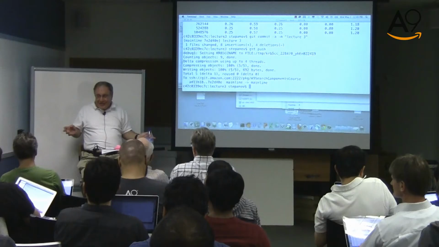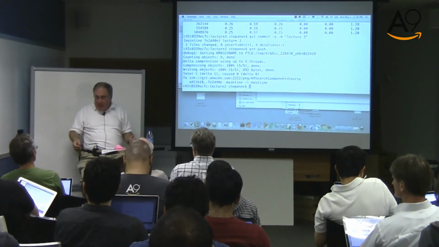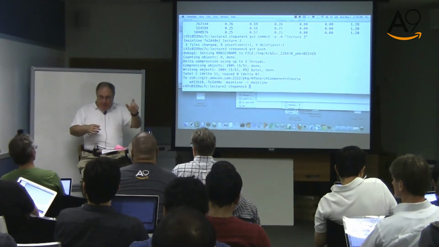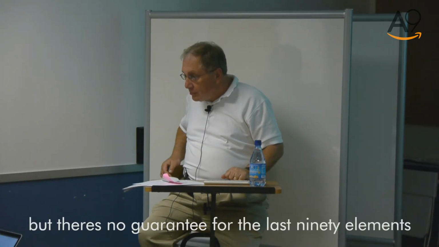At least try to guess, guys. Yes, that's very good. For example, you give it 100 elements, and you sort from the first to the 10th to the last. So what will happen? The first 10 elements will be in sorted order, but there's no guarantee on the last 90 elements. There will be the last 90 elements, in some order.